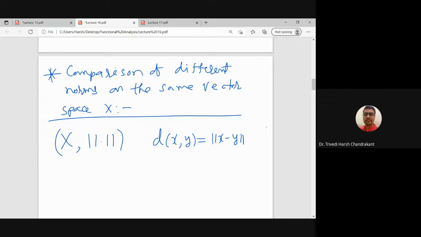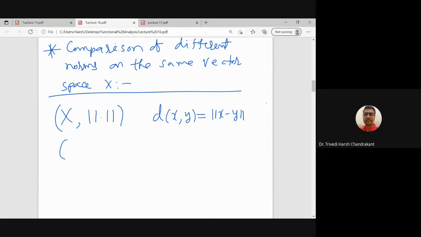Over the same vector space X we define another norm, the dash norm. This dash norm will give another metric, let us call it d dash, so d dash of x, y is nothing but norm of x minus y dash.